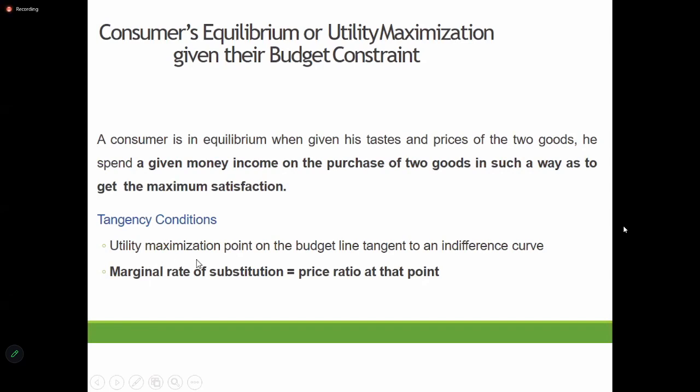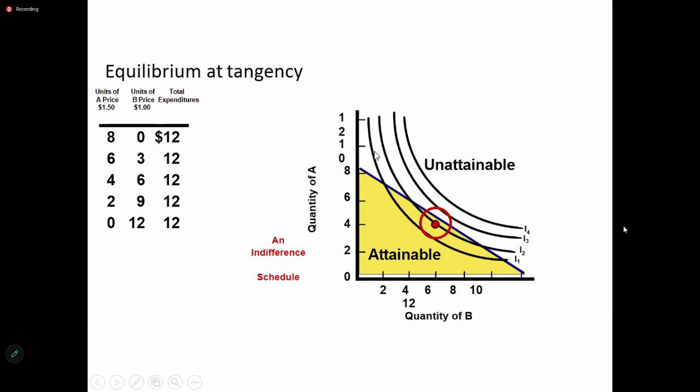You can see the marginal rate of substitution, which is how much one good is sacrificed to get the other. The marginal rate of substitution should equal the price ratio at that point. That is the rule we apply at the tangent. Let me show you. This is the indifference curve you learned, and this is the budget line you learned.